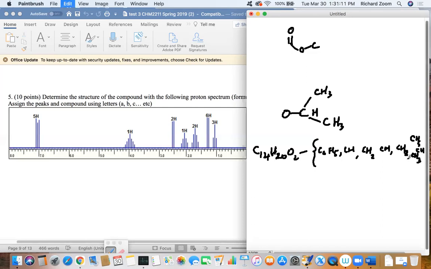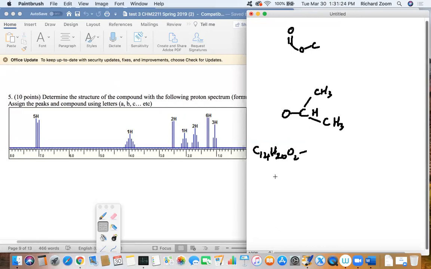Oh dear, I don't like that at all. Let me do that again here. That's not going to squeeze all that in. Let's do it over here.